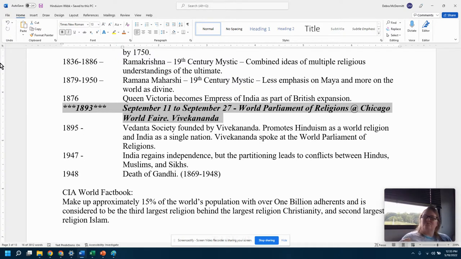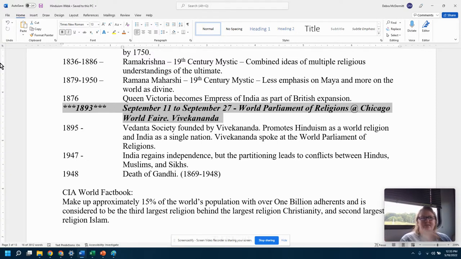And at this World Fair, Vivekananda comes and speaks about Hinduism. He's sharing the struggles of some people. He's talking about this as a religion, not as some barbaric thing, which some people had thought that way.